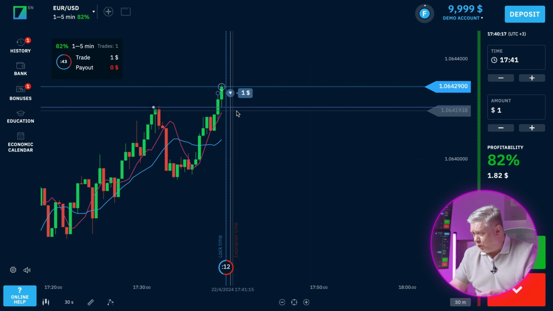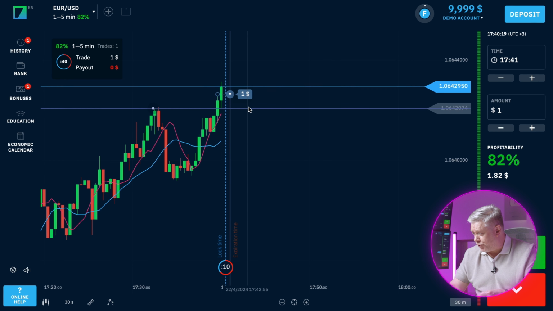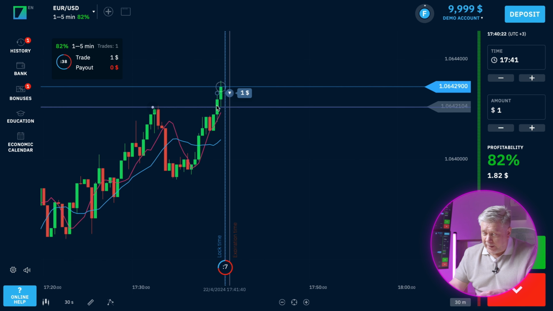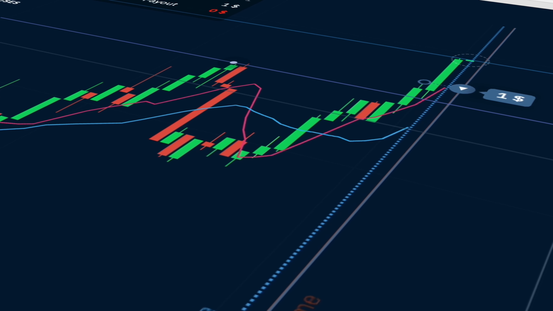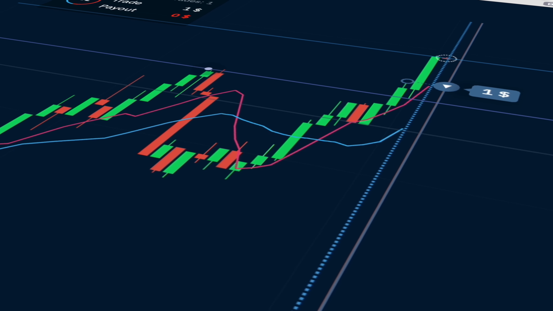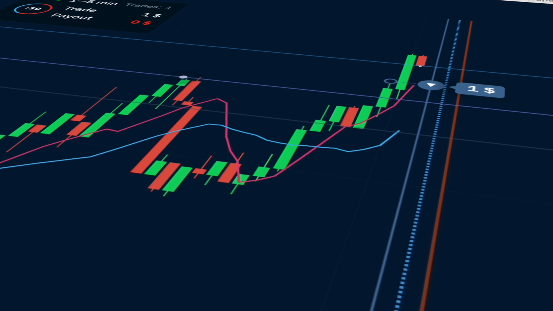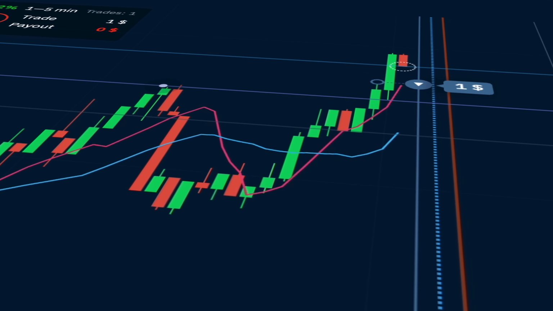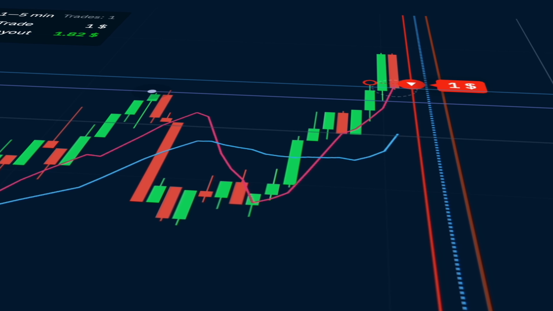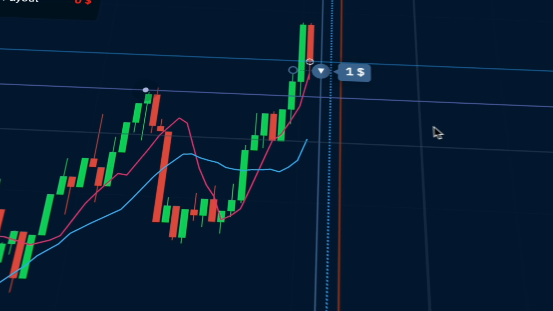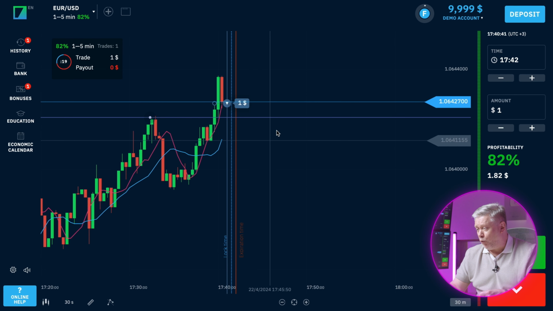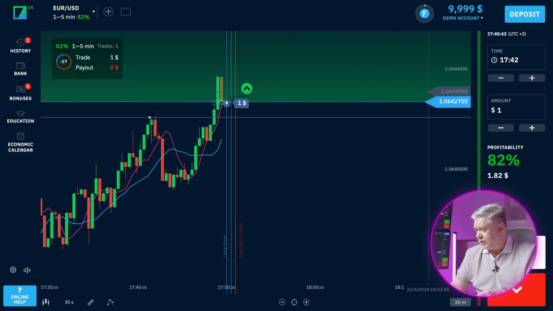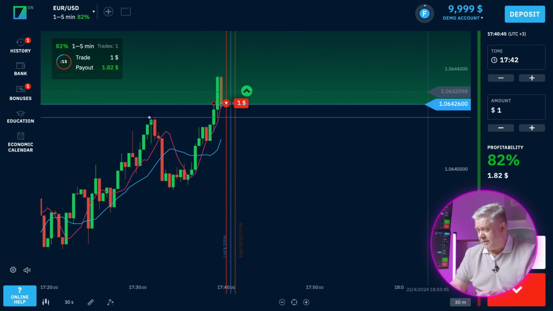A plus could be achieved if the price falls below the level of 1.0640. Yes, after a pullback to the line that was overcome earlier, the price starts from there and tends to grow further. Therefore, in this case, I believe it is necessary to buy. Now I'm making a purchase.